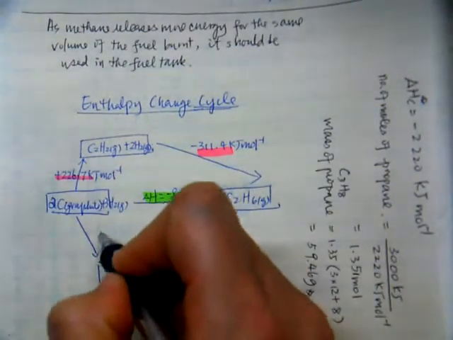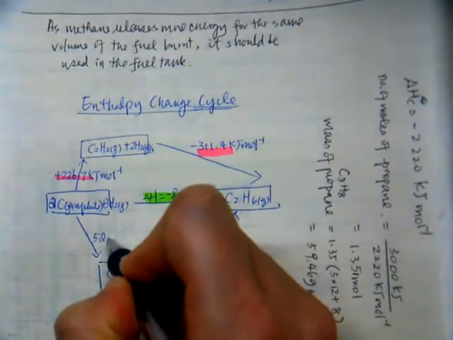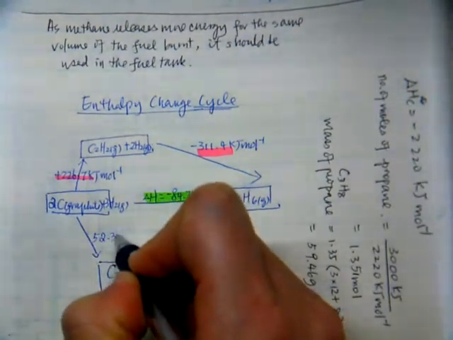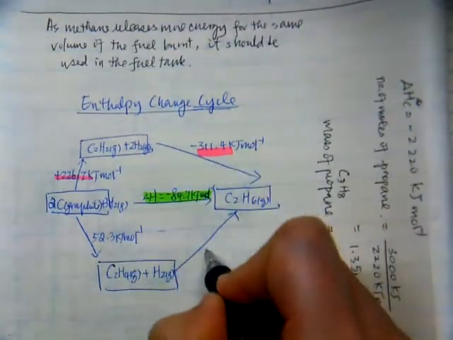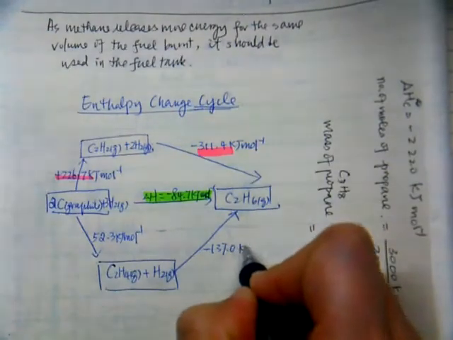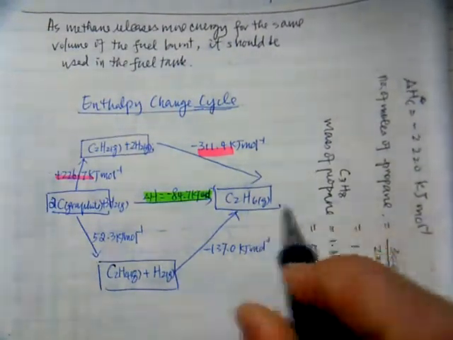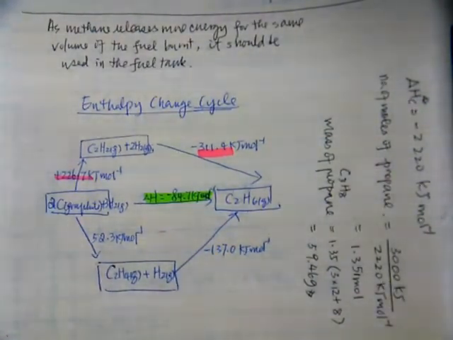The first step of route C is 52.3 kilojoule per mole. And then the second step is negative 137.0 kilojoule per mole. I will highlight them in yellow. Okay.